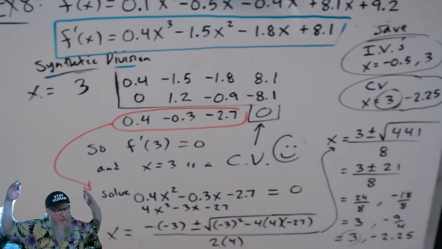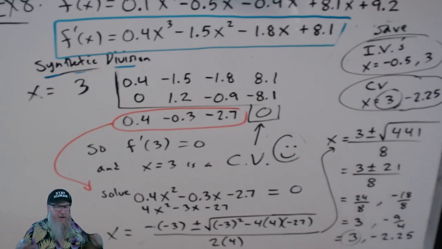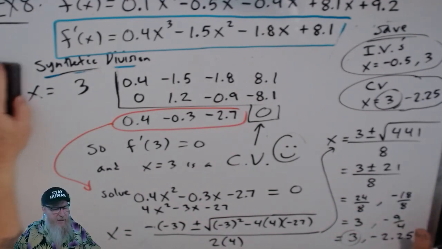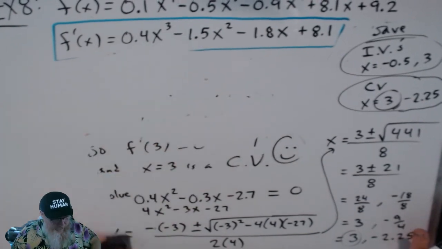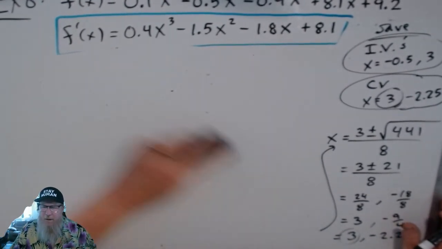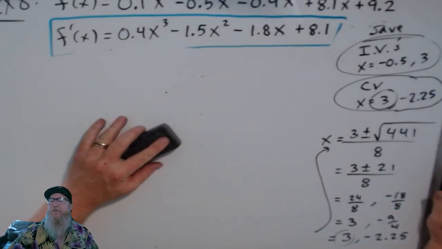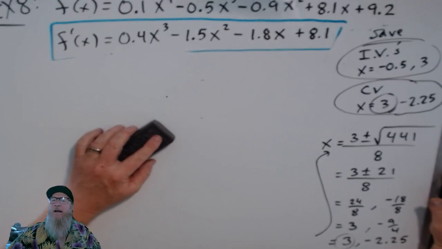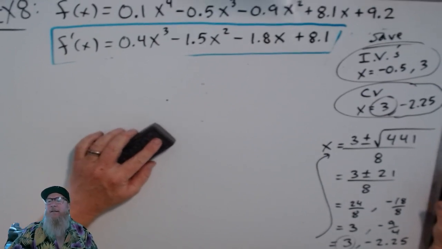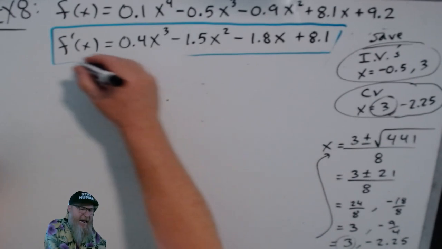All right, we're rolling now. So let's summarize everything that we know. We have inflection values. We have critical values, right? We don't have the Y values yet. We're going to need those in a minute. What about increasing and decreasing? Oh, we have concavity.